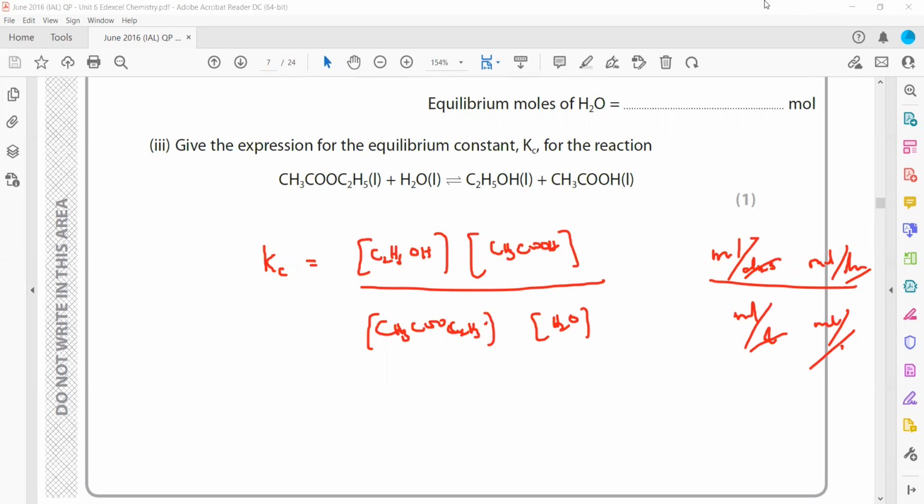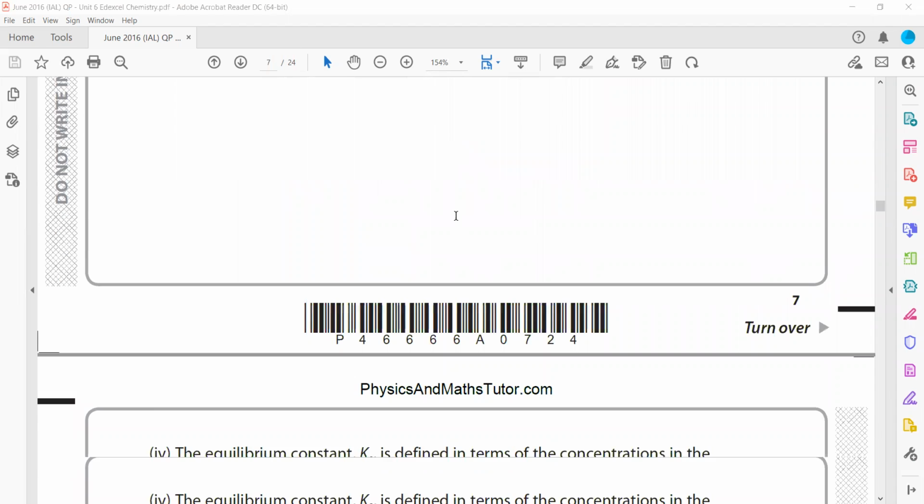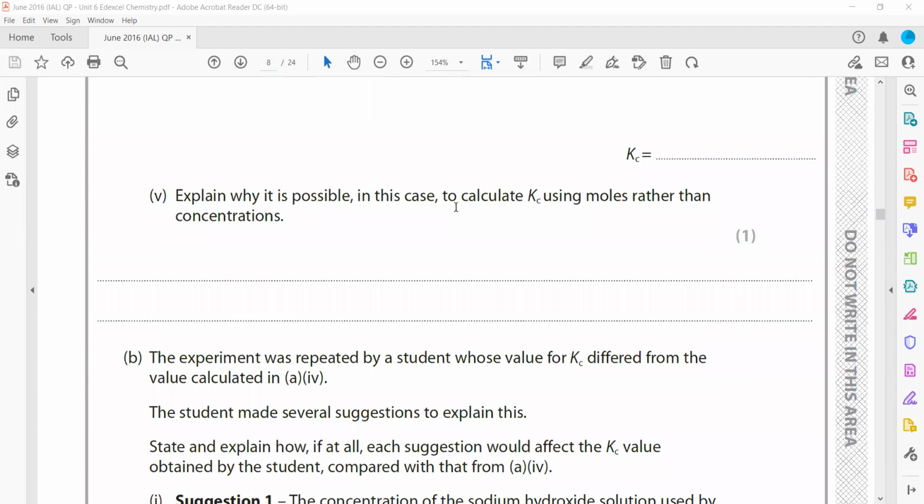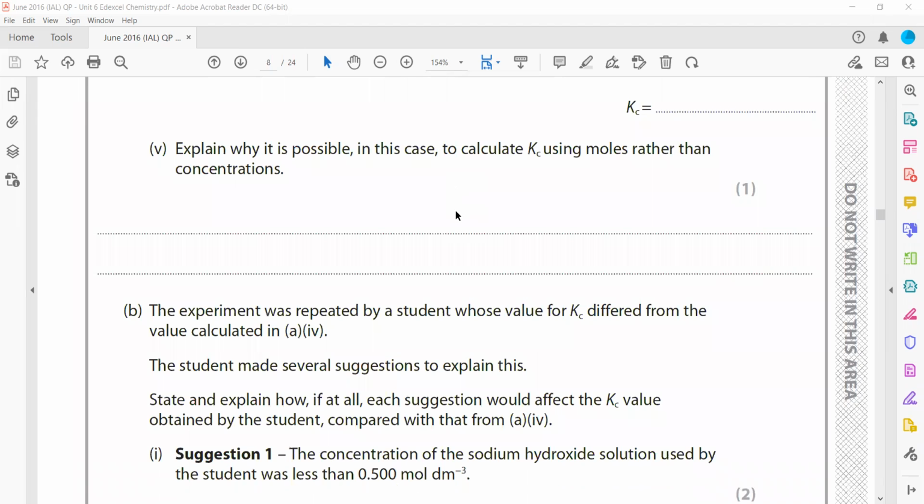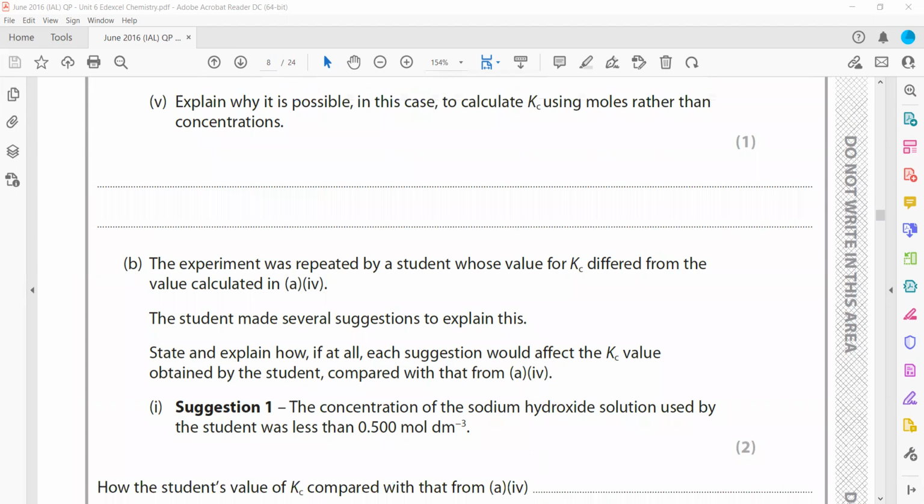So we can substitute the moles at equilibrium and we'll get the right answer. Then explain why it is possible in this case to calculate Kc using the moles rather than concentration. Same thing as I mentioned: because Kc does not have any unit, we can use the moles rather than concentration.